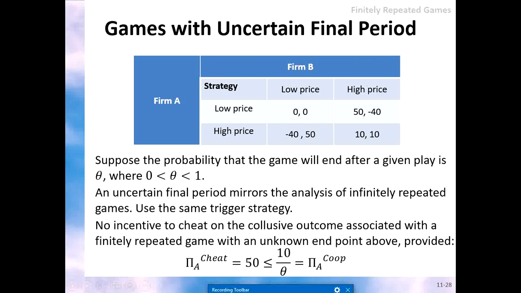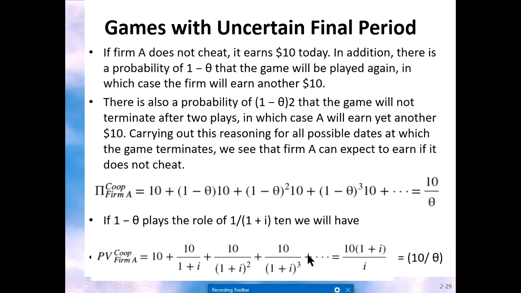So, how do we get this formula? First, if firm A does not cheat, it earns 10 today. In addition, there is a probability of 1 minus theta that the game will be played again, because theta is the probability of ending, so 1 minus theta is the probability of playing again, in which case the firm will earn another 10.